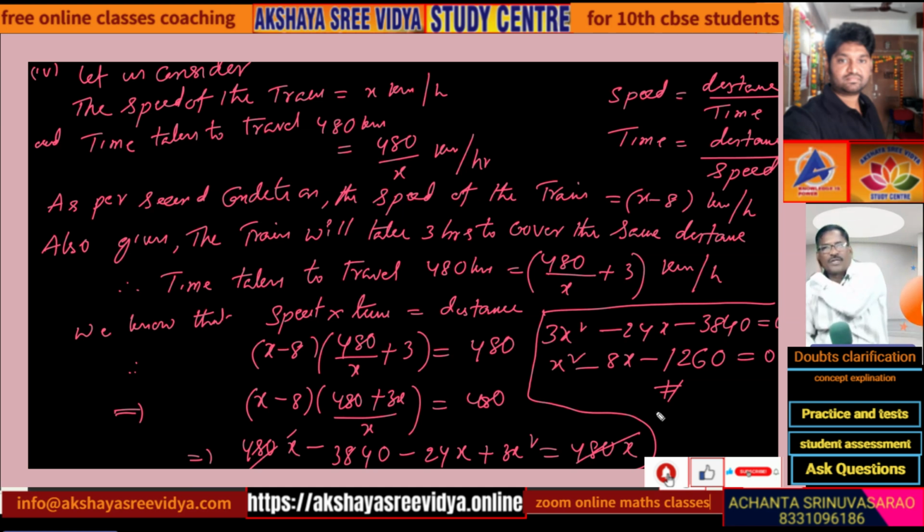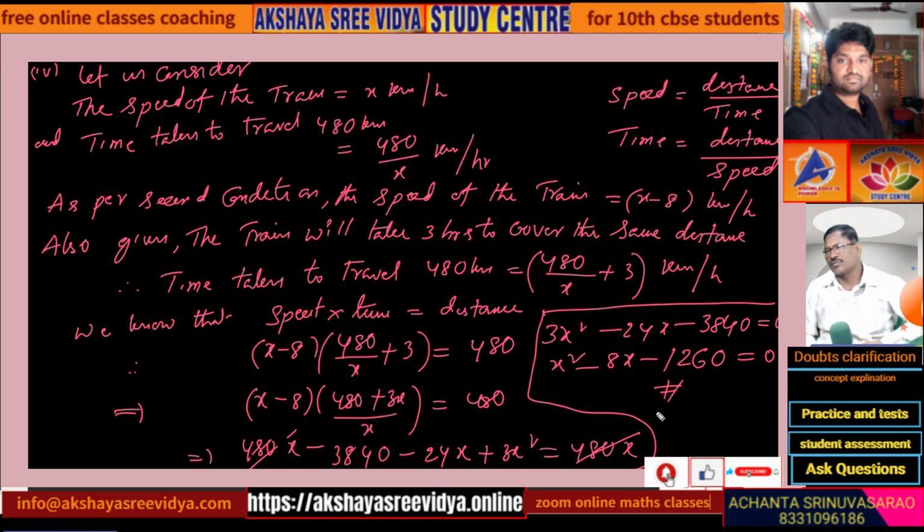We know that speed into time is equal to distance. x minus 8 into 480 by x plus 3 is equal to 480. That is equal to x minus 8 into 480 plus 3x by x is equal to 480. 480x minus 3840 minus 24x plus 3x square is equal to 480x.